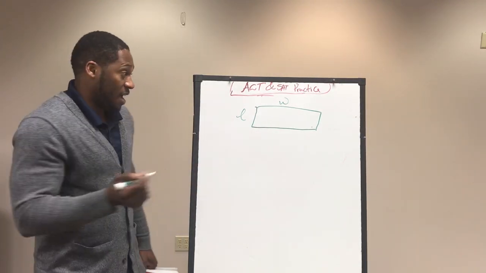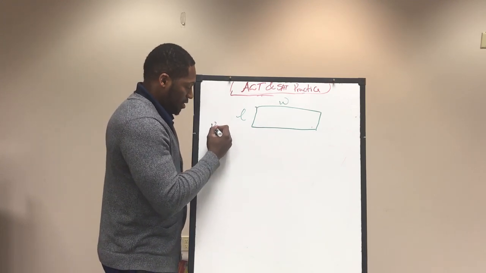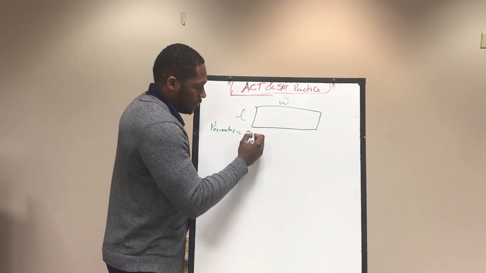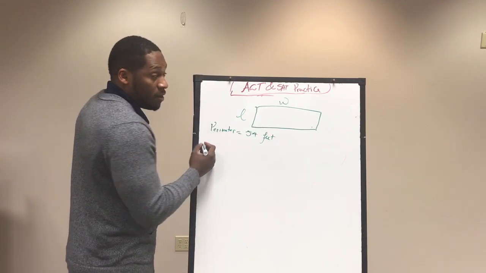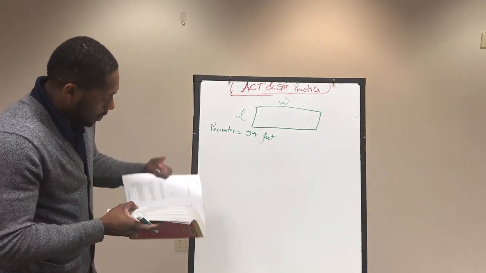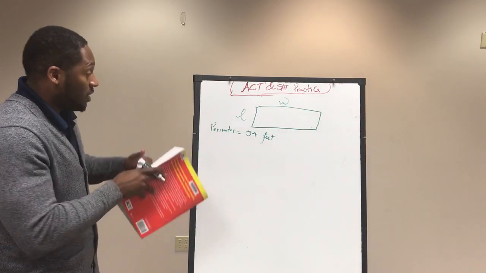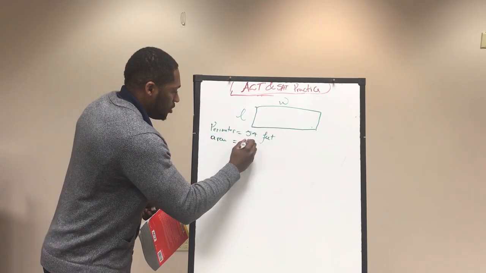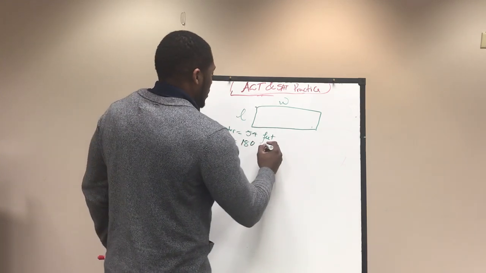So she found that the perimeter is 54 feet, but she also knew that the dimension for the area is 180 square feet.